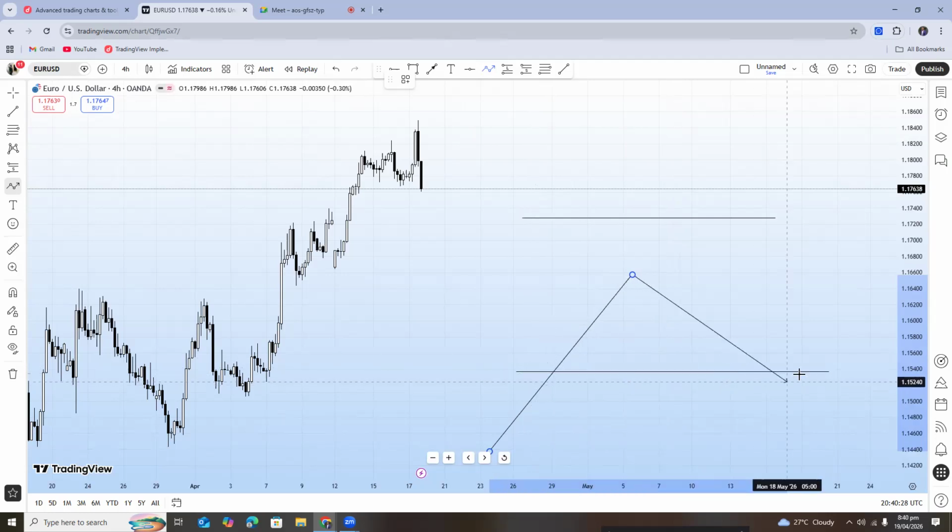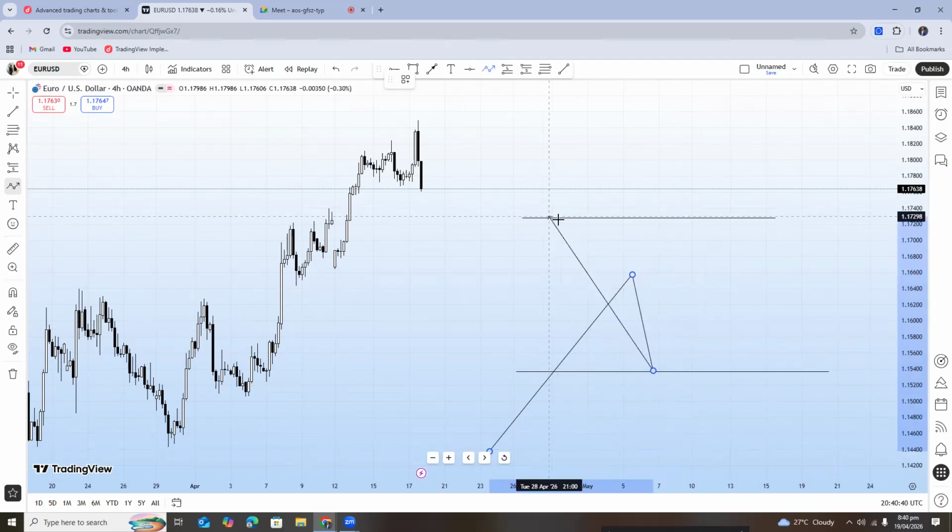I'm talking about this. It is a support level. When the price is below a level, that level is known as a resistance. Okay.